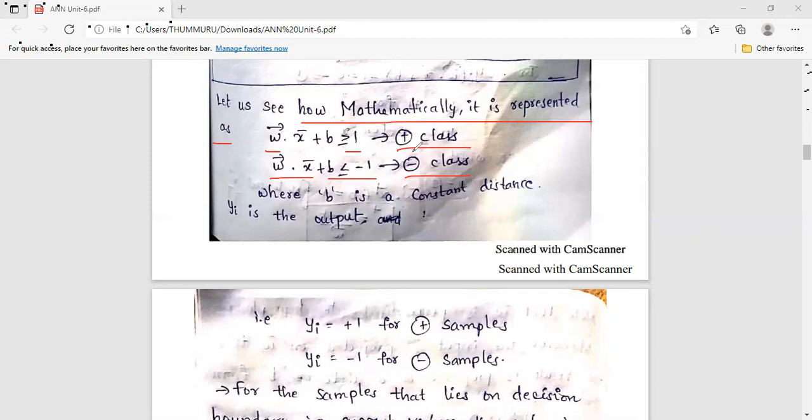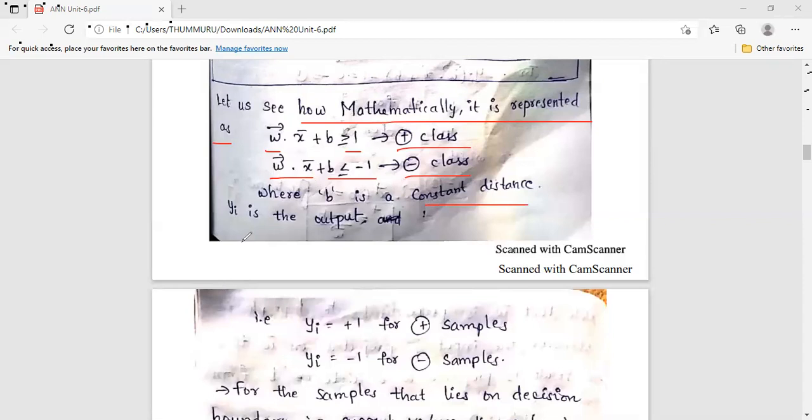Here we have two classes, right? Positive class and negative class. So these are the target values. If it crosses this one, that would be represented as the positive class. If it is less than or equal to -1, that would be represented as the negative class here, right? Where b is a constant distance.